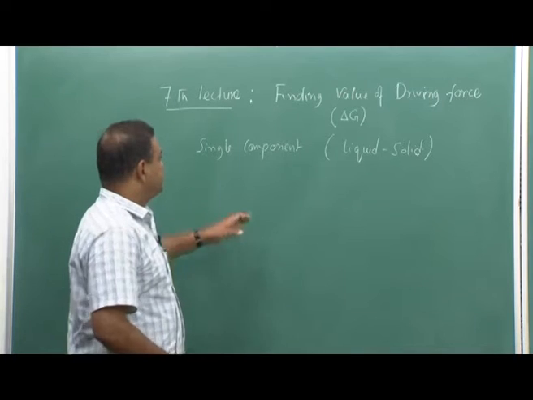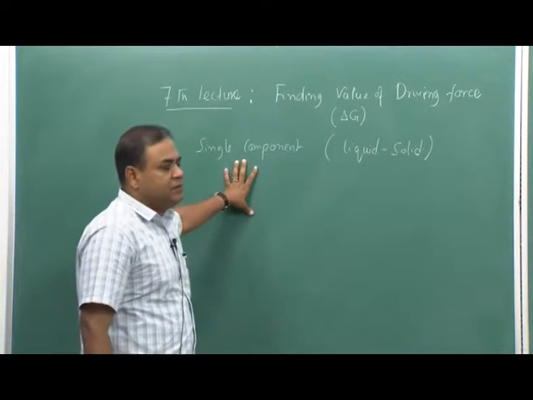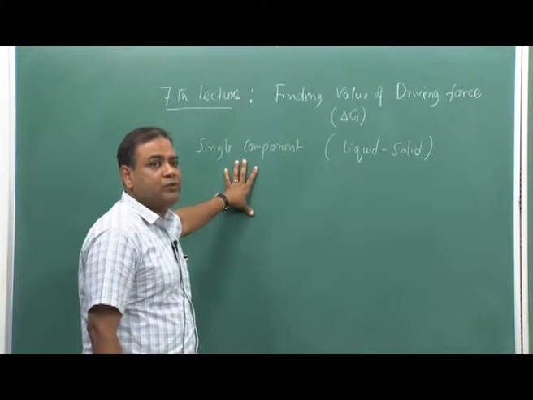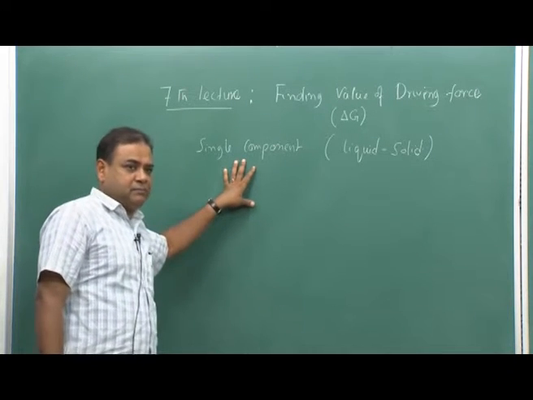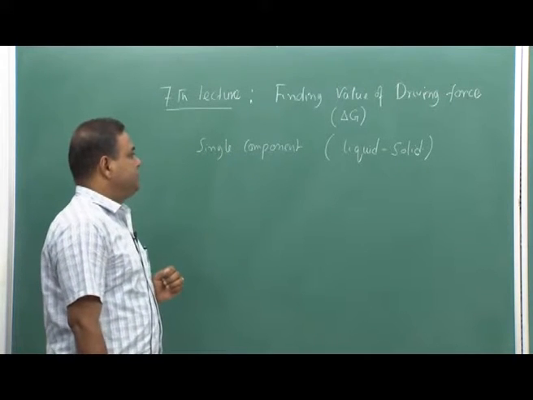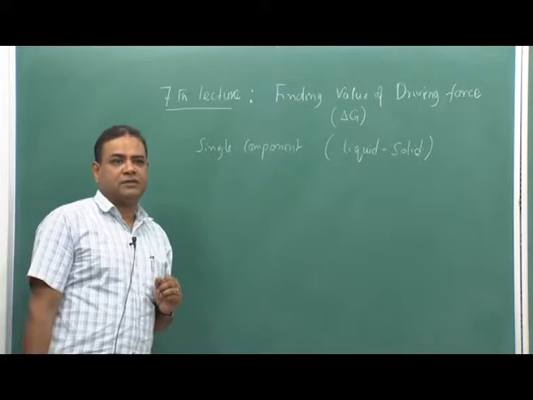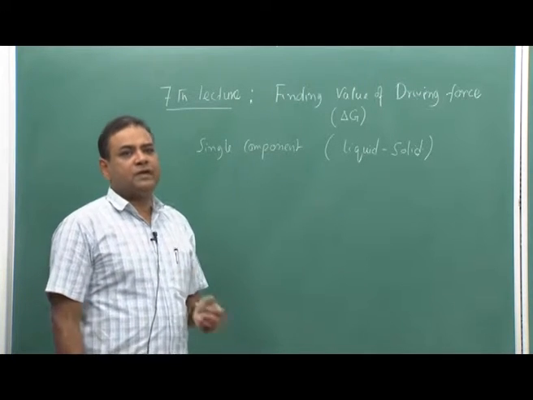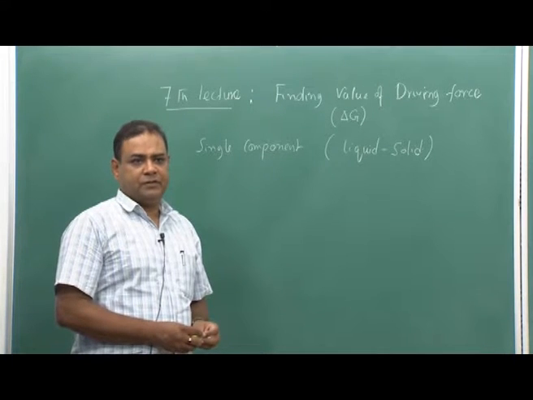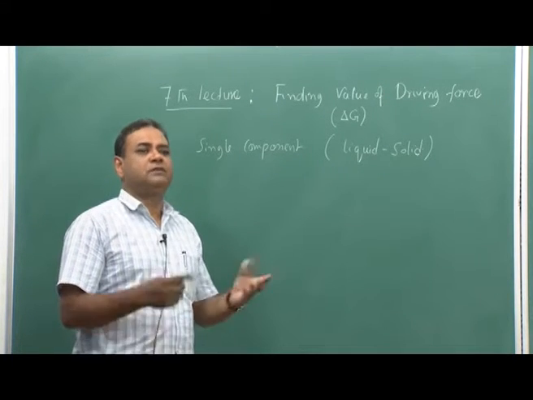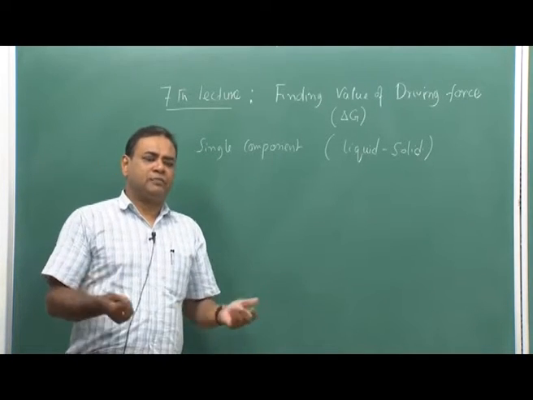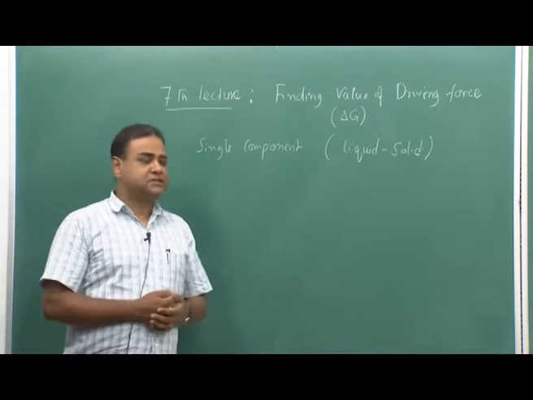A single component system is also simple compared to a binary system, where there will be two components, and in most practical applications we deal with alloys which are binary or ternary, or even contain a number of elements, more than 4 or 5 elements.